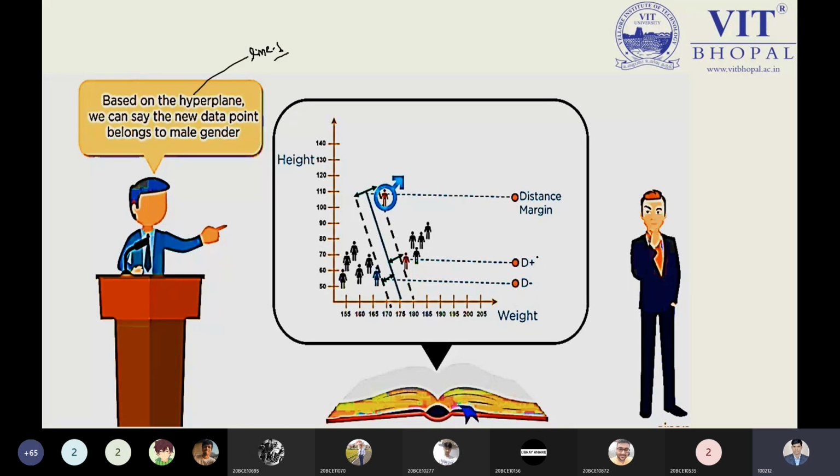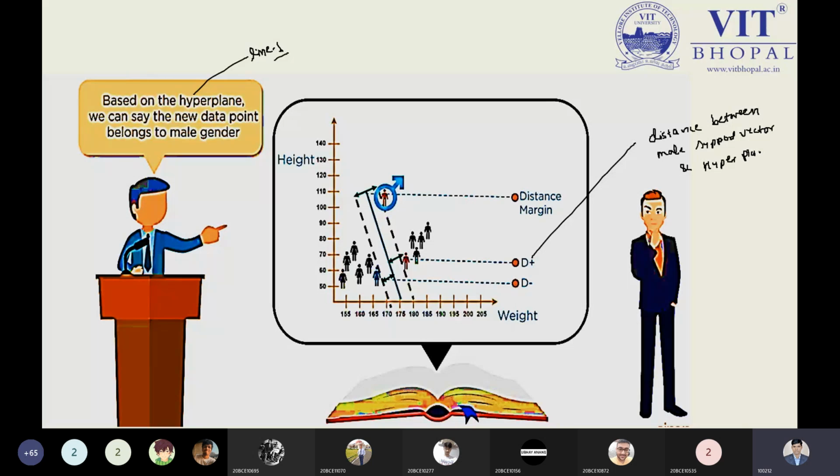If you combine these two terms, D positive plus D negative, we will get the maximum space. Let me write over here. D positive is the distance between the male support vector and the hyperplane.